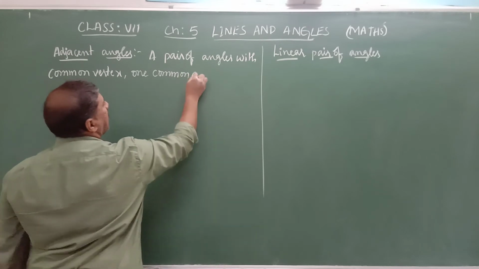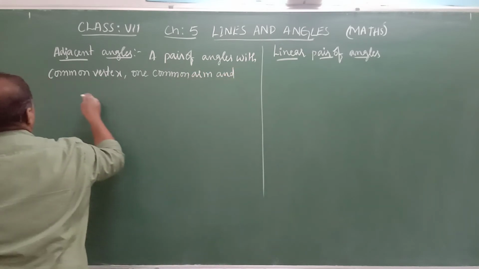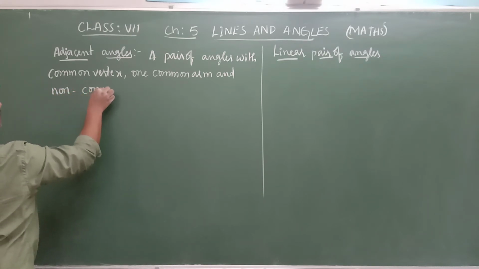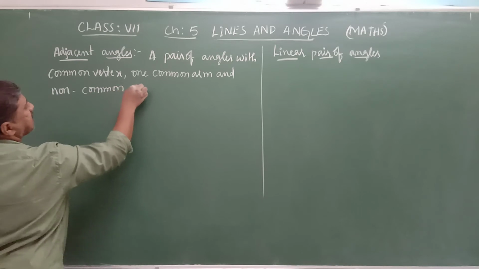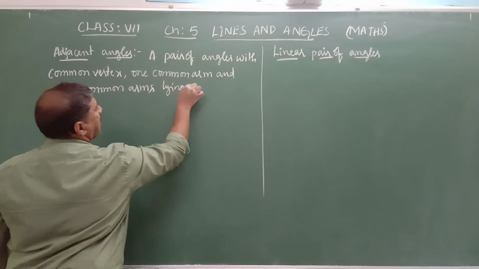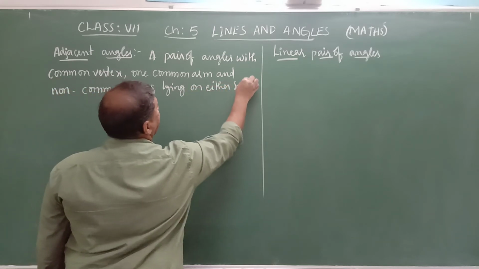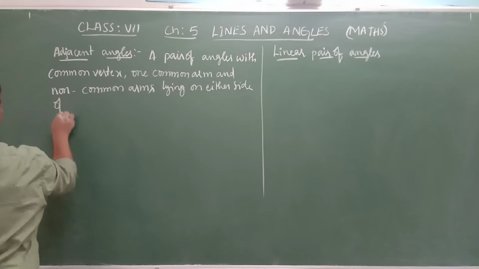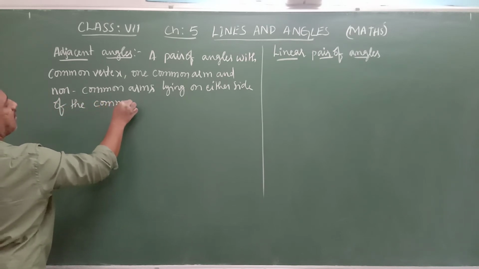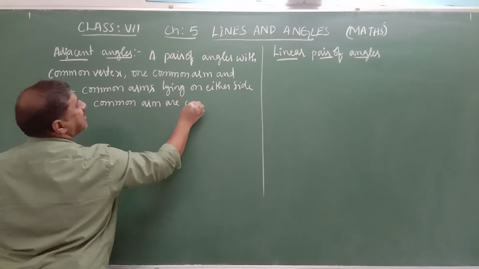One common arm and non-common arms lying on either side of the common arm are called adjacent angles.